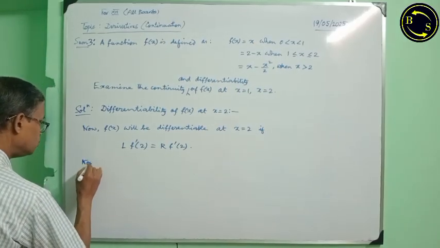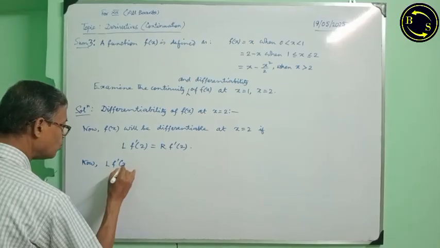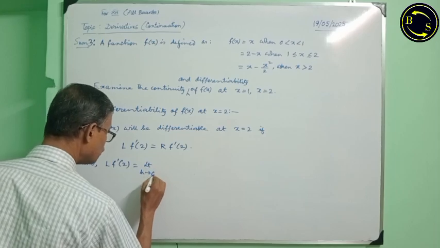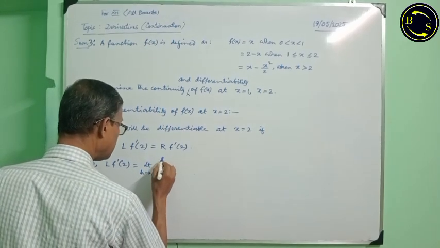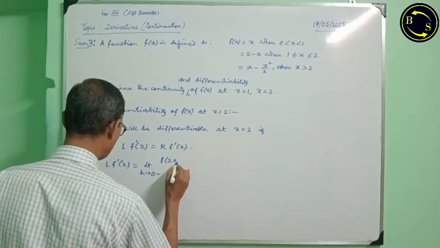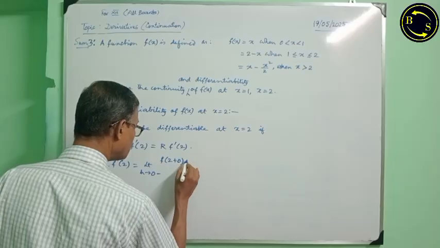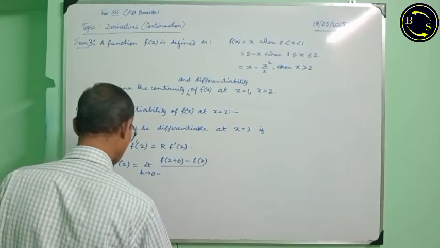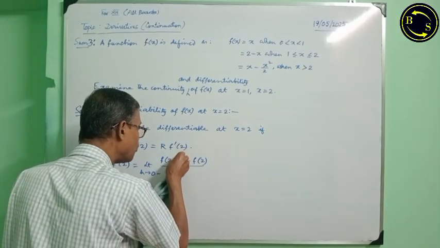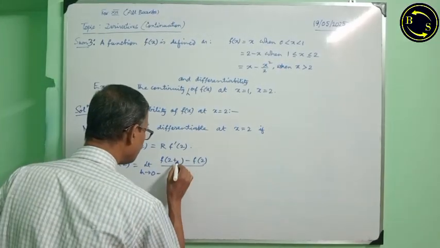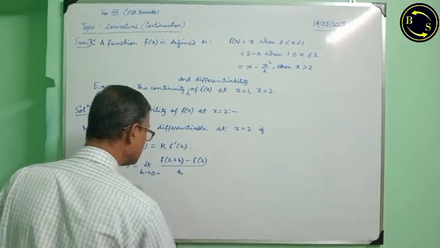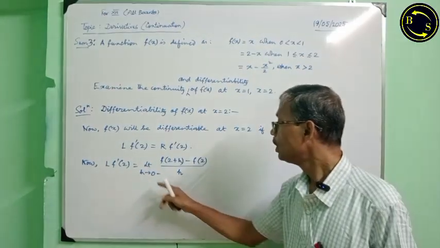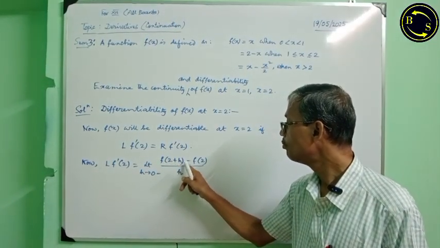Now L f dash 2 is equal to limit h tends to 0 minus of f(2 plus h) minus f2 by h.